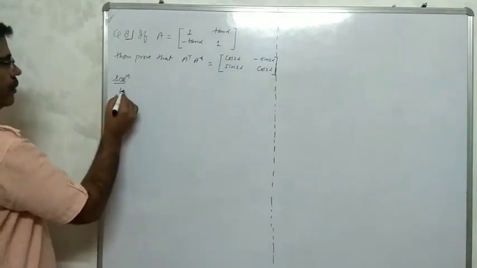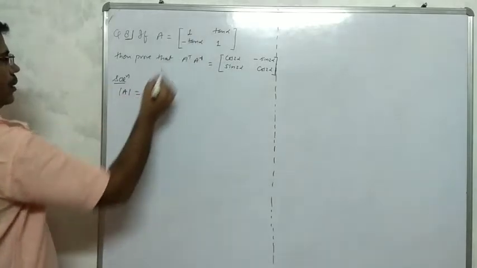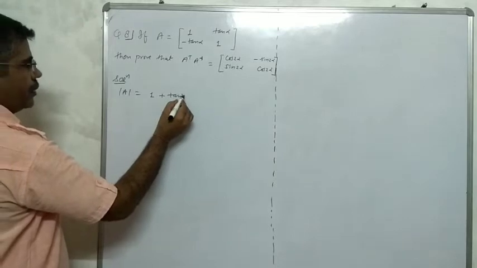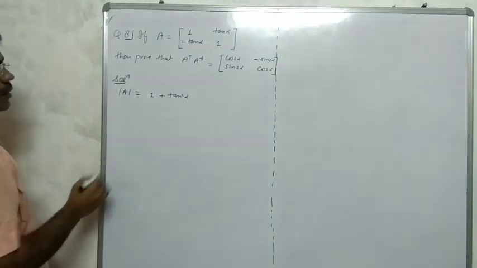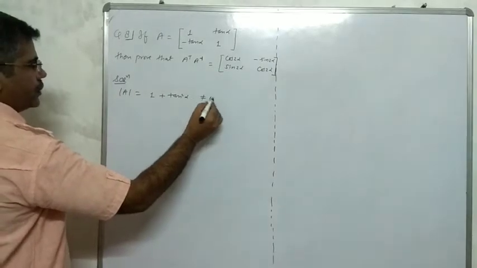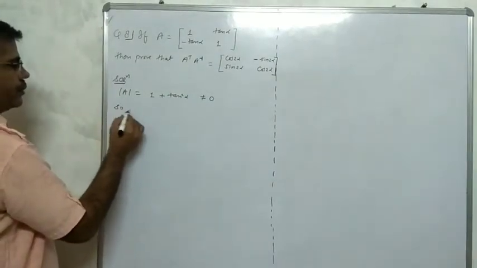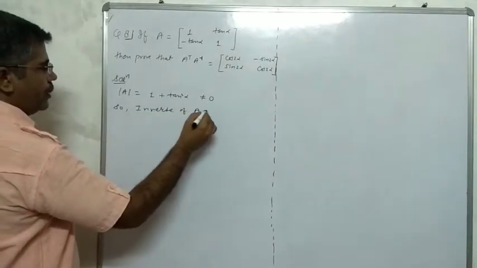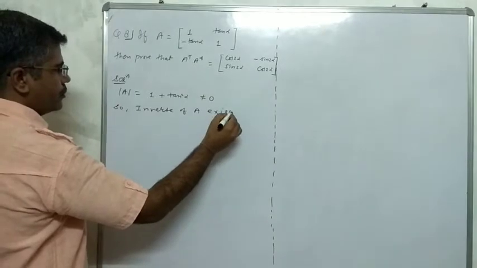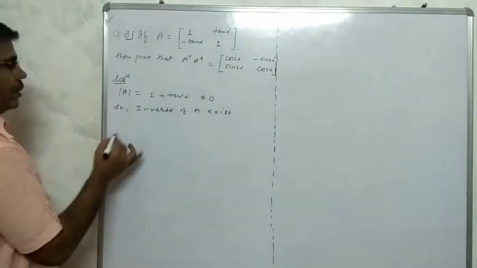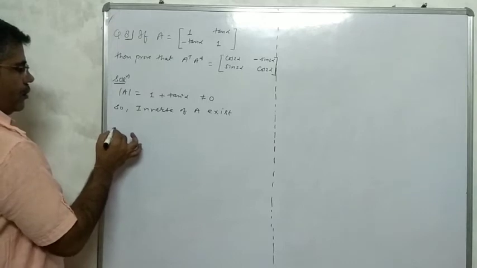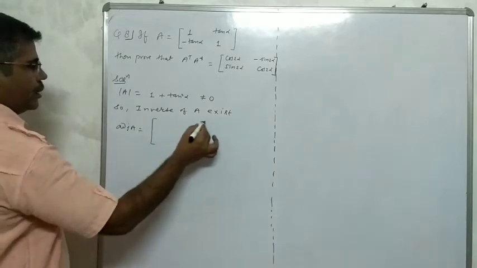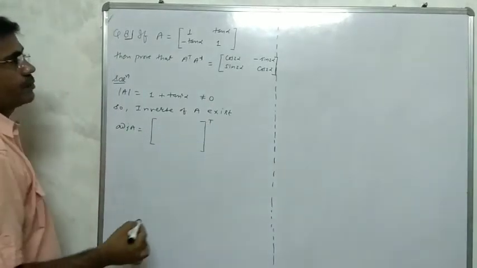So we first find the value of this determinant: 1 minus minus, plus tan square alpha. It is not equal to 0, so the inverse of A exists. We find the adjoint of A, the transpose of the cofactor.